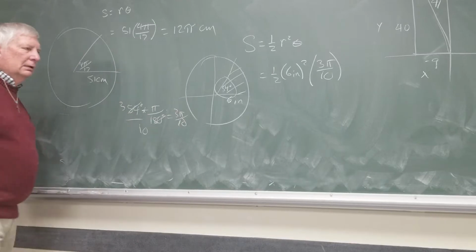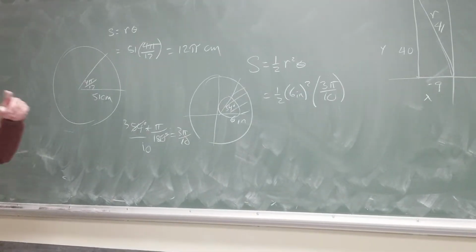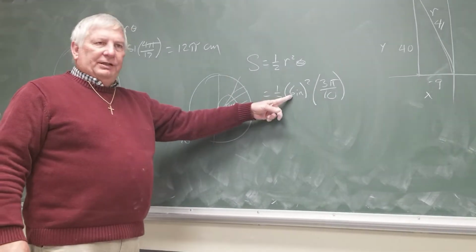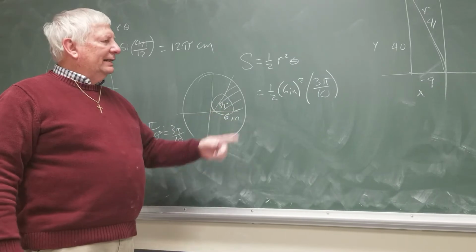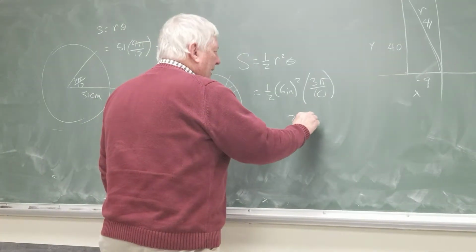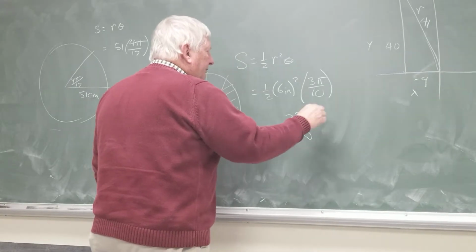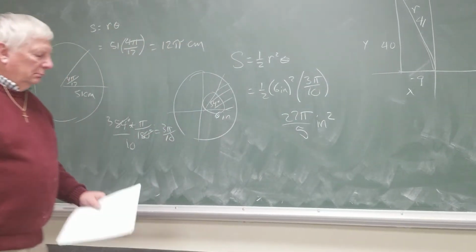Ah, there it is. And let's see. 36 divided by 2 is 18. 18 times 3 is 54. 54 over 10 reduces. 27 pi over 5 inches squared. Don't forget that.